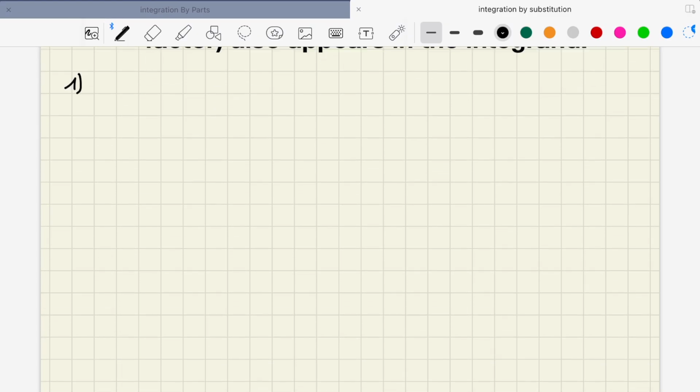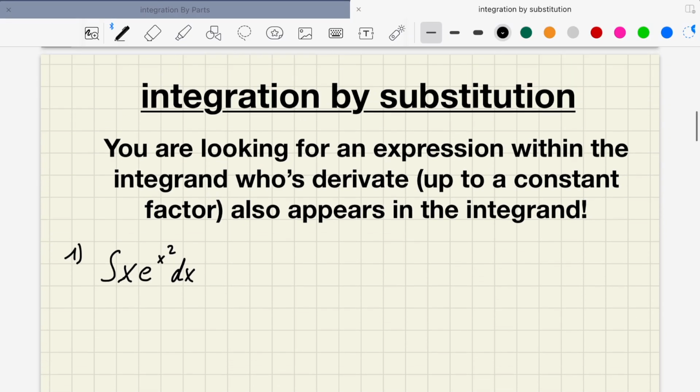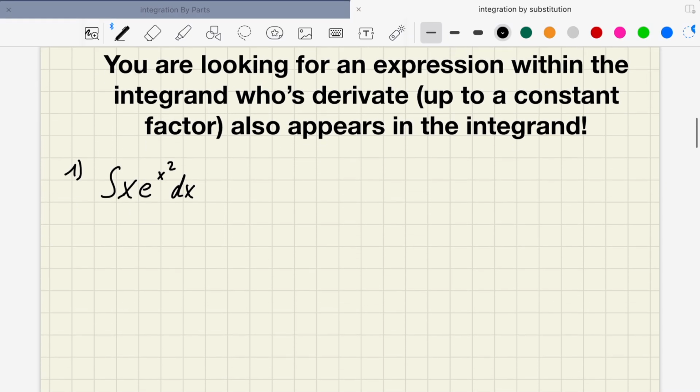So we are looking for the integral of x multiplied by e to the power of x squared dx. All right. To remember, you are looking for an expression within the integrand whose derivative up to a constant factor also appears in the integrand. Now take a look at our integrand here.